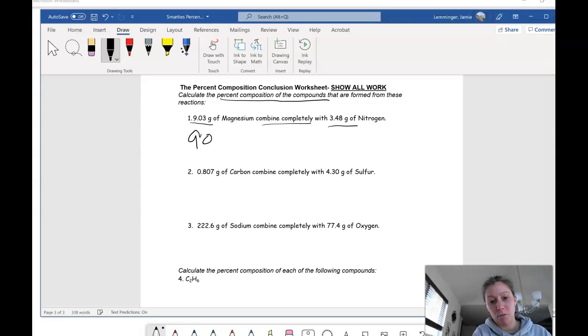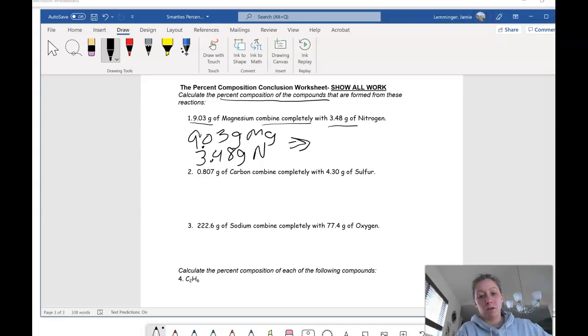So it would be 9.03 grams of magnesium plus 3.48 grams of nitrogen. So the total mass there would be, make sure you have your calculators out, 12.51 grams of whatever that product would be. Now, you guys have done a combination reaction.